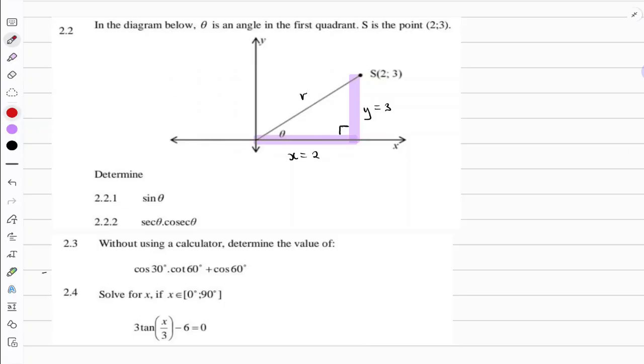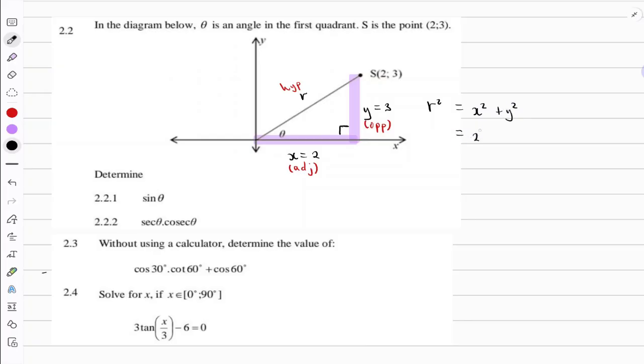Before we find r, we might as well label our right triangle. With respect to theta, this is your adjacent. This is your opposite. And this here is your hypotenuse. So let's go ahead and find the hypotenuse. According to Pythagoras' theorem, the square of the hypotenuse is equal to the sum of the squares of the other two sides.